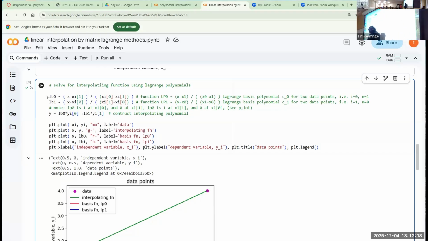And I just did that here, literally by using the equation that I quoted for the Lagrange basis polynomials on a slide describing this approach for finding the interpolating polynomial. If you use that equation, this is the equation for L0, and the second line is the equation for L1.